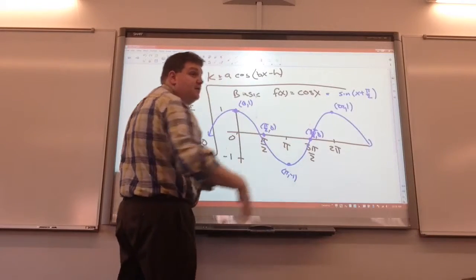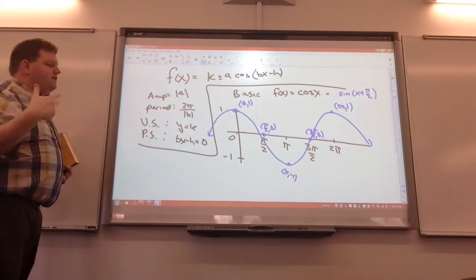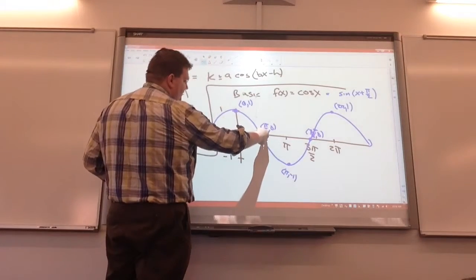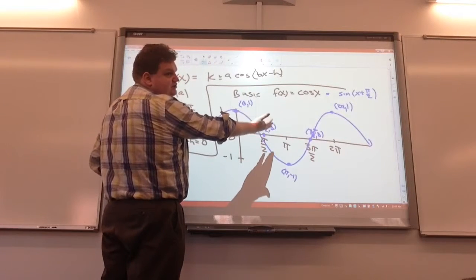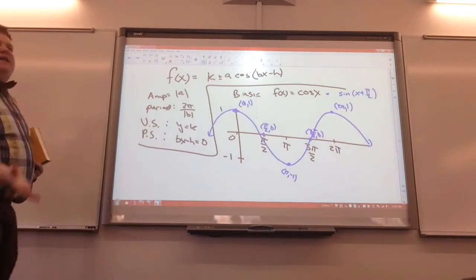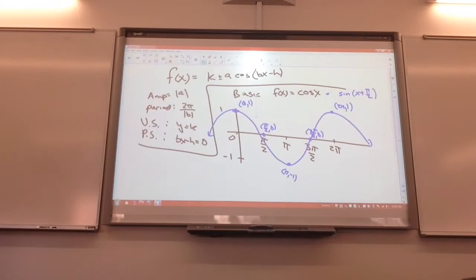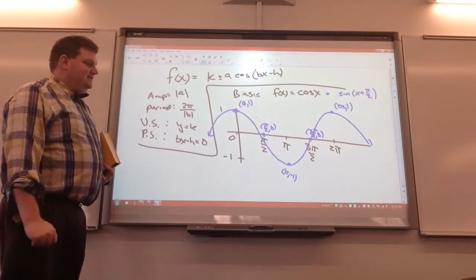So you can't find the y in any way? Well, if I know that pi over 2 is here, I can go back to the unit circle and say, okay, if I'm doing the sine, y should be 1 there. That's true. But that's not what the cosine is graphing. The cosine of the unit circle deals with x. Okay. That makes sense. Nothing else there.